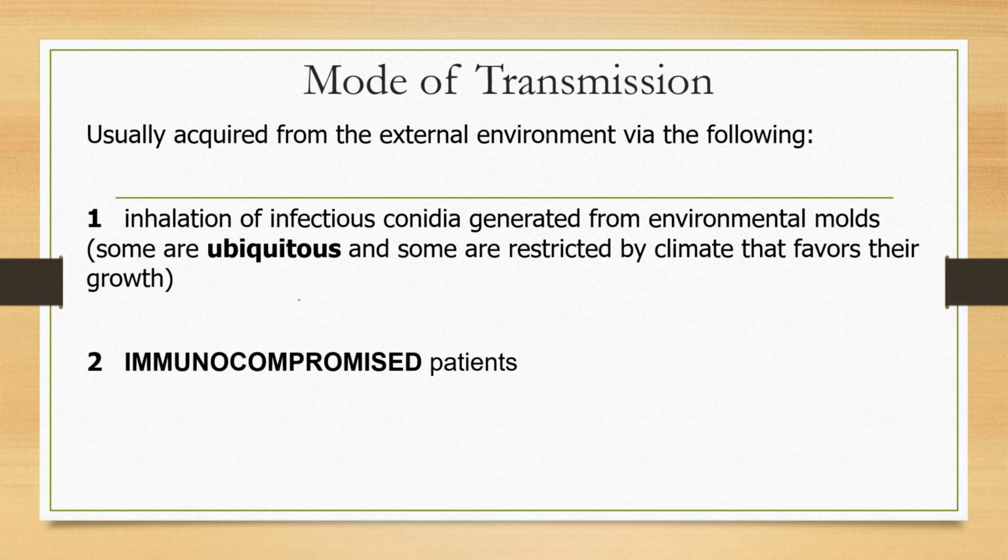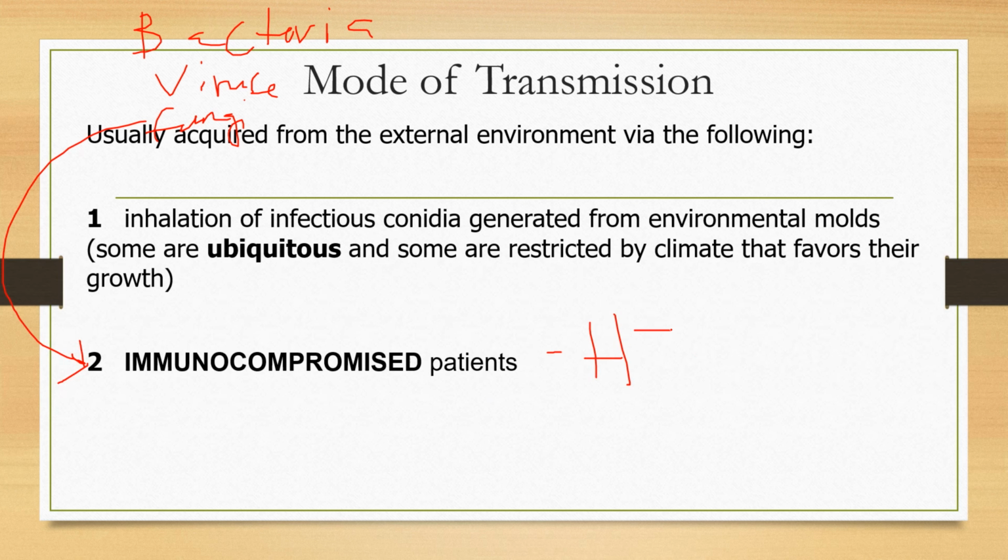Now, another common problem with fungal infections among bacteria, viruses, and fungi. Fungal infections are commonly found in immunocompromised patients. Now, if you're familiar, when we talk about immunocompromised patients, these are HIV positive patients class.